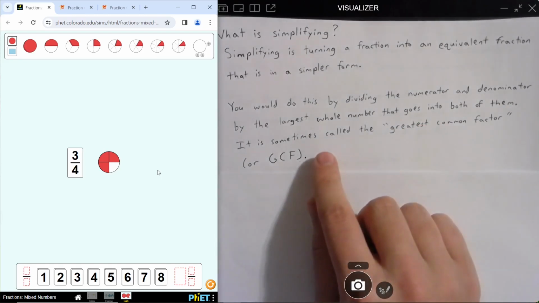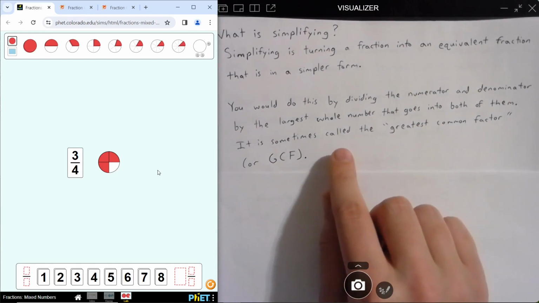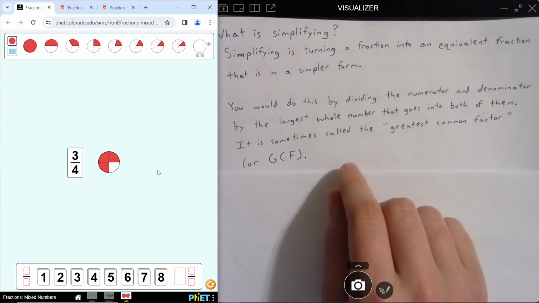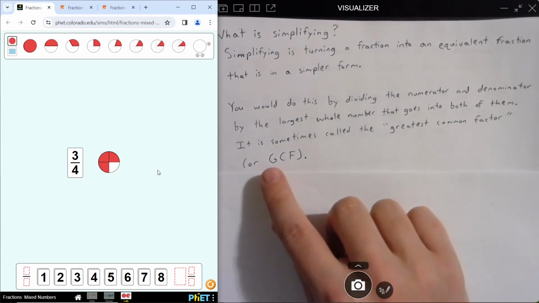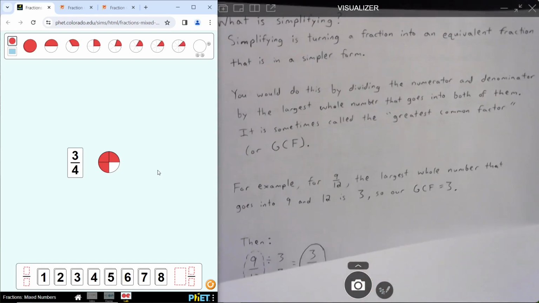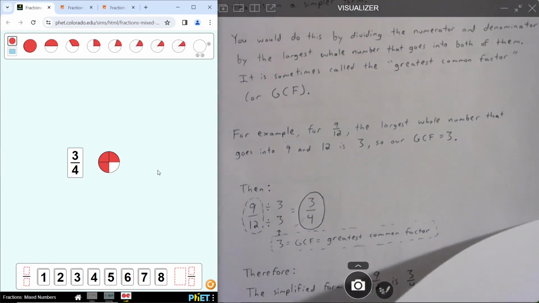That number, the largest whole number that goes into both of them, is sometimes called the greatest common factor of the numerator and the denominator, also known as the GCF. And I know it sounds complicated, but it's actually not too bad.